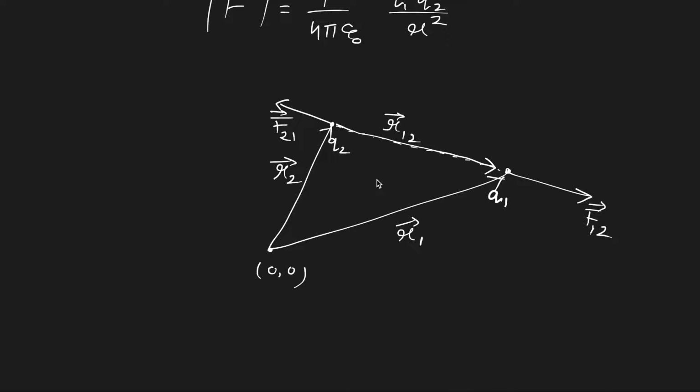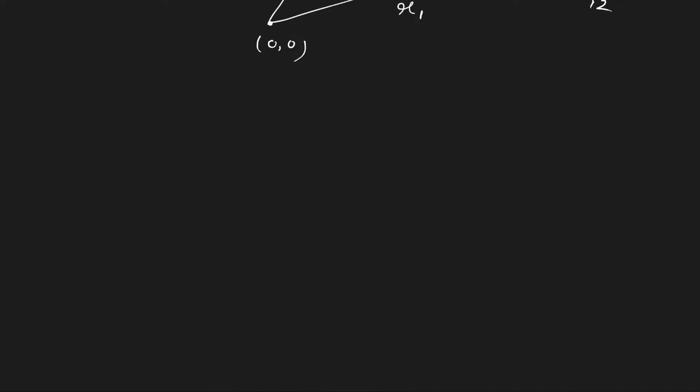If you find the resultant between them, because these are vectors, let me draw in another scale. This is the r2 vector, and this is the r12 vector.